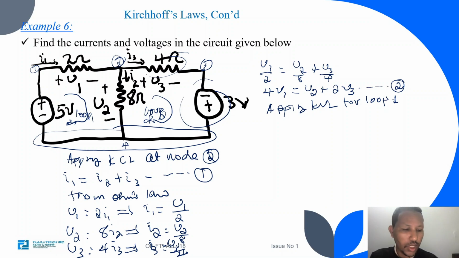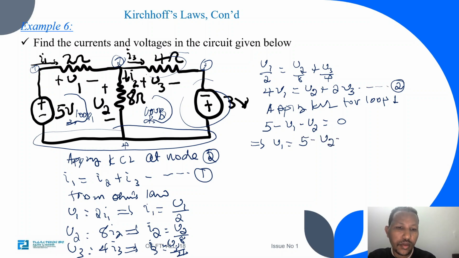That means the sum of the voltage across the loop will be 0. So I can write 5 minus V1 minus V2, which is equal to 0. So from this, I can write V1, which is equal to 5 minus V2. Let's say this is equation 3.